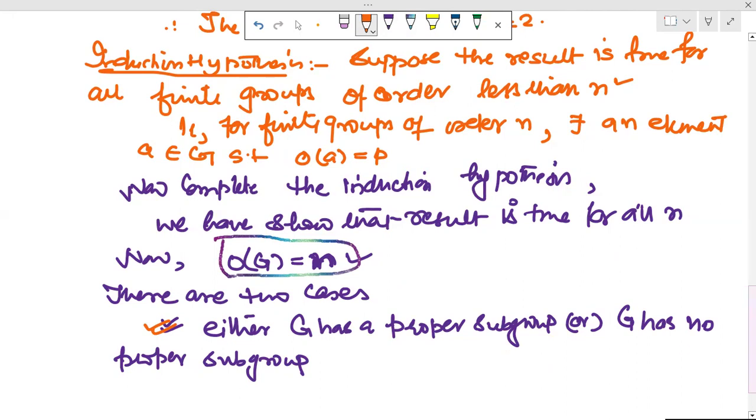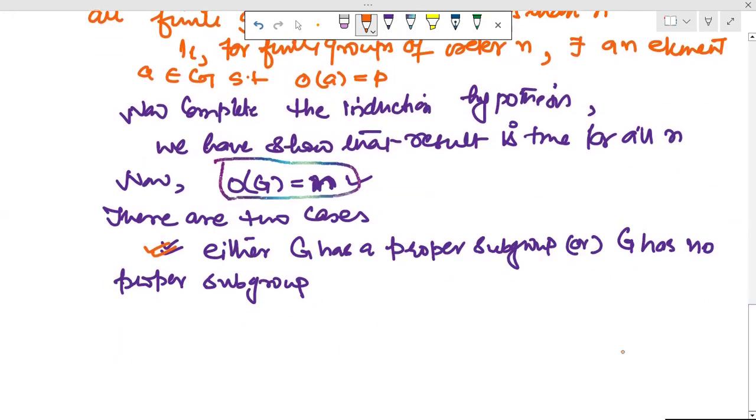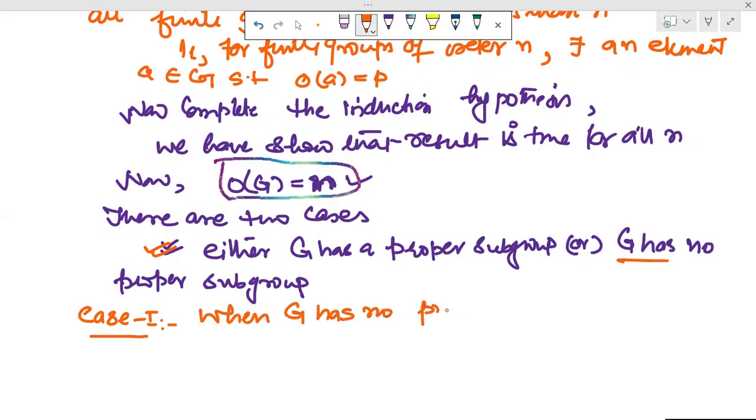Now, if G has a proper subgroup, then what happens? Sorry, case one, not subcase. This is case one, when G has no proper subgroup.